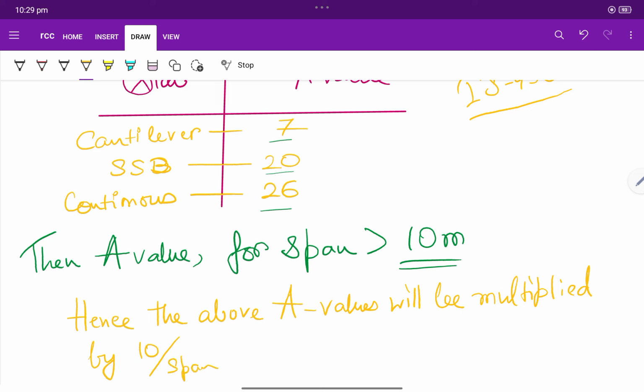There is an exception, that is the cantilever slab.